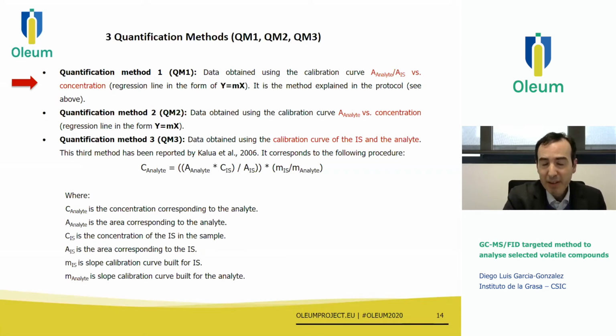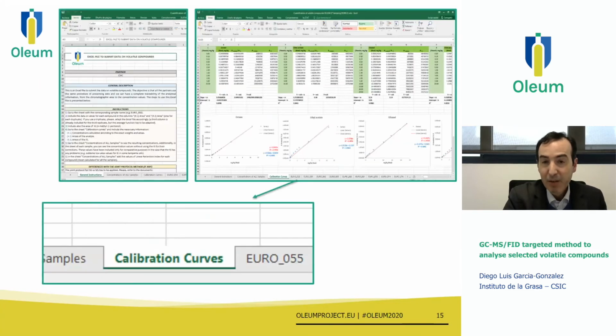The best one for us, and the one that we selected for the final interlab validation, was quantification method one. But we kept all the information to keep testing the performance of each one of them. For example, one very useful tool in the method was an Excel file developed for all the processing of the data.